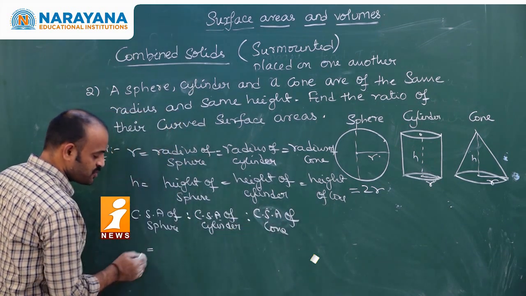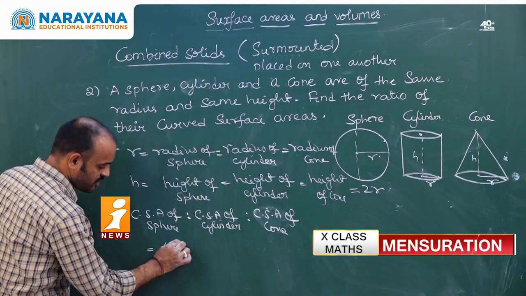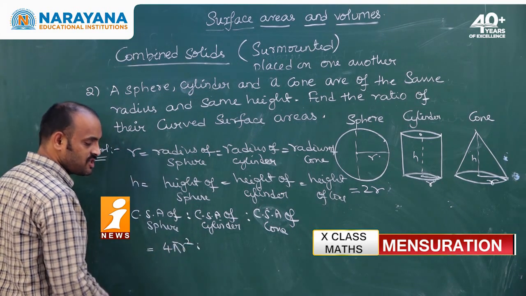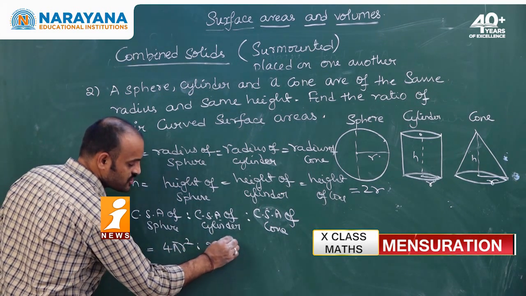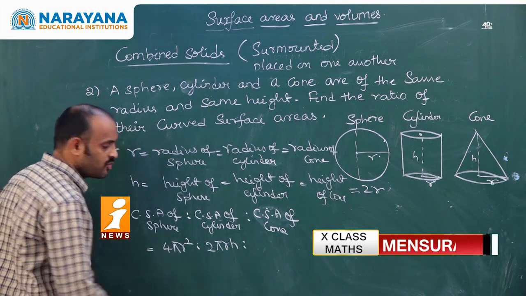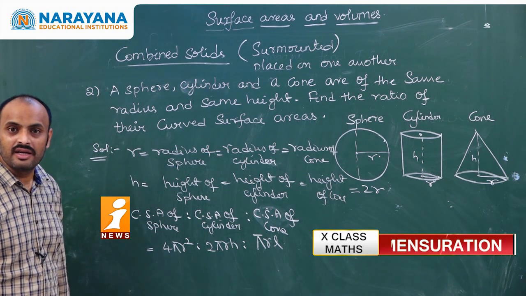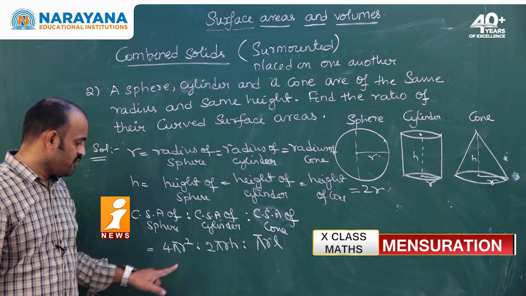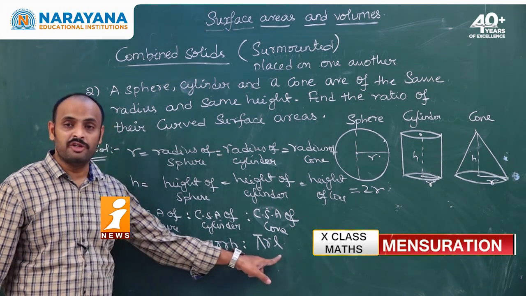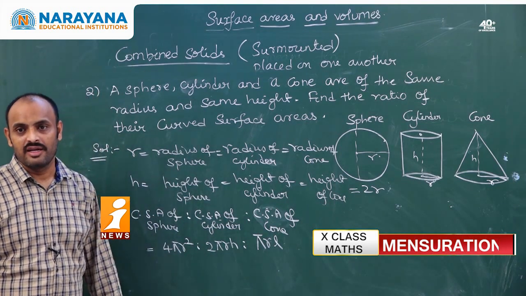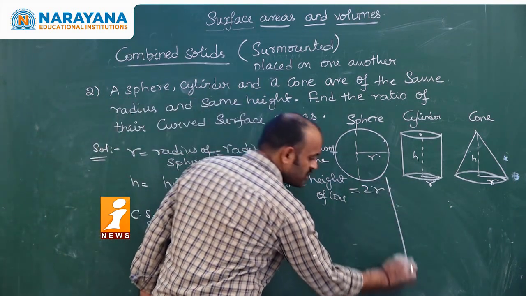What is the CSA of sphere? 4 pi r square. What is the CSA of cylinder? 2 pi r h. What is the CSA of cone? Pi r l. So here we know radius, we know h, but we don't know the slant height. That slant height we are going to find now.